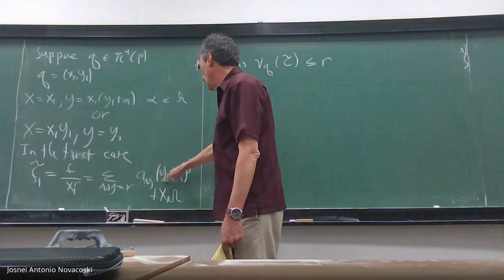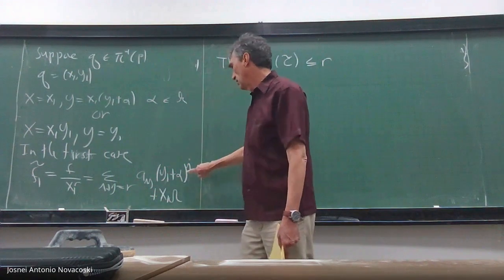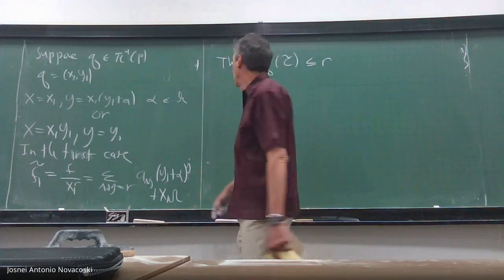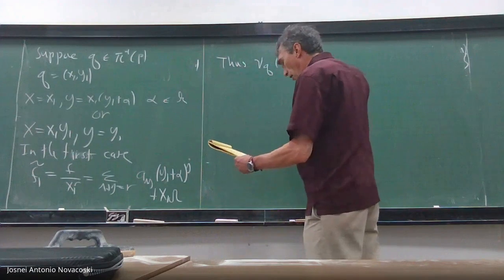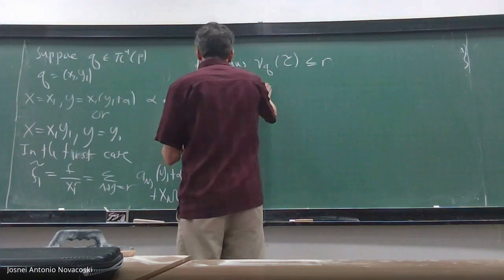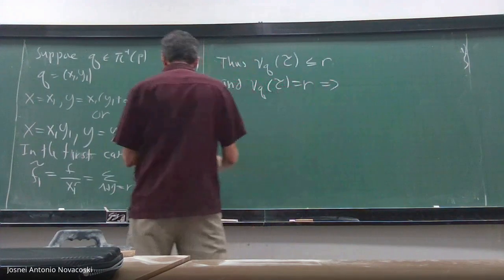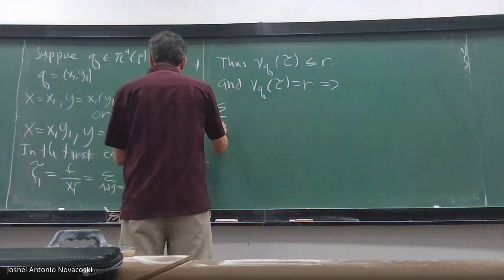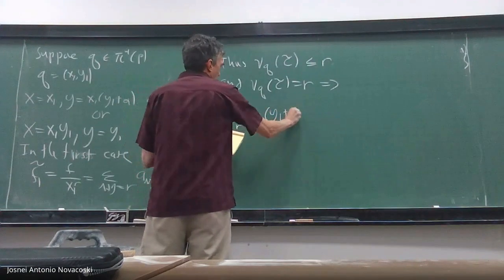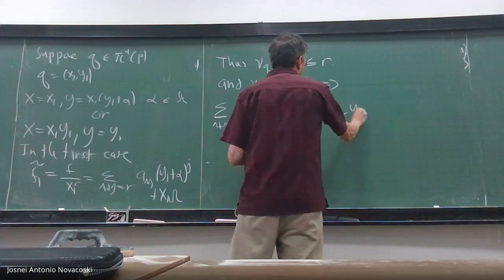There has to be a term in here of order less than or equal to r, right? Because this is non-zero and it's a polynomial. Every coefficient in here is less than or equal to r. Okay, so this is less than or equal to r, and if it doesn't drop, then this implies that the summation i plus j equal to r of a_ij (y1 plus alpha)^j is equal to just a_0r y1^r.